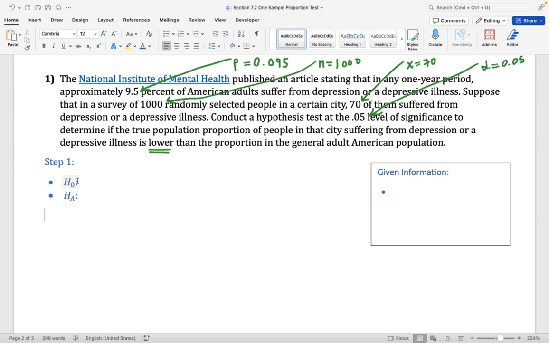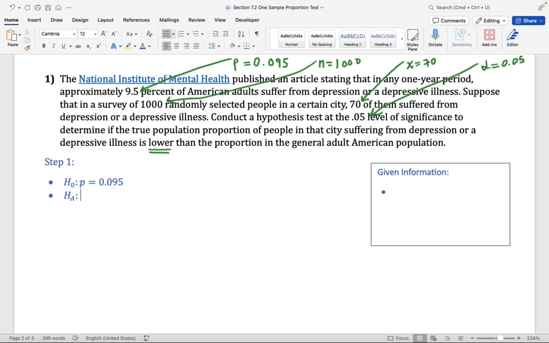Starting with step 1, we're going to write the null hypothesis. Here we're saying P, the true population proportion of this city, is the same as the true population proportion of the American adults. We're going to write P is equal to 0.095. Here we're saying, let's just assume that the true population of people in this city who suffer from depression or a depressive illness is the same as the proportion that we found from looking at all American adults.